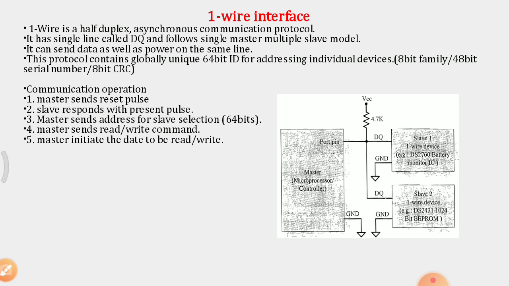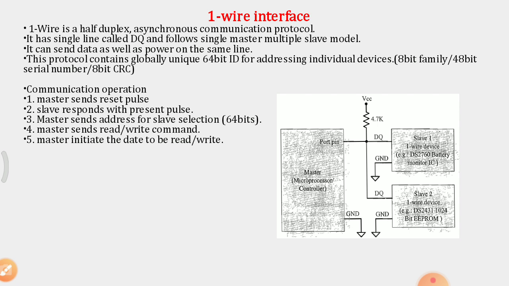One wire interface. One wire is a half duplex asynchronous communication protocol, that is, only one data transmission at a single time. Here also there is no synchronization for the data transfer. It has a single line called the DQ wire and follows a single master, multiple slave model.